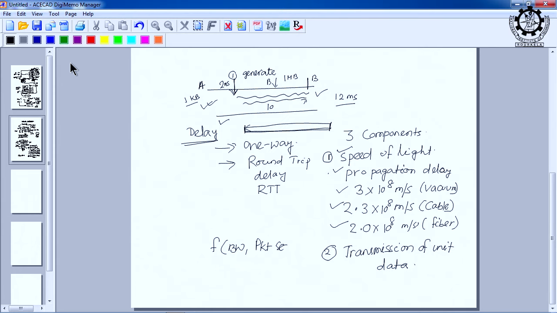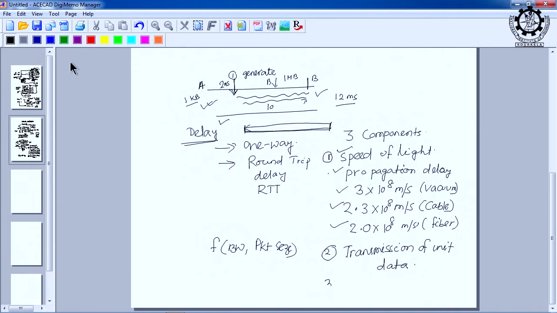As we discussed, a node having a high chunk of data will take more time than a node having a small chunk of data. The reason behind is more data, more time to release into the network. And even if you take a different node with different speed, then definitely the faster one will take less time and the slower one will take more time for transmitting into the channel.